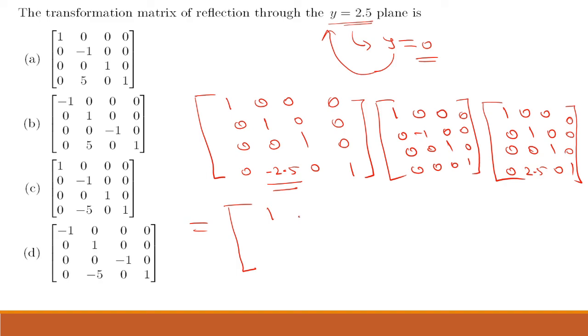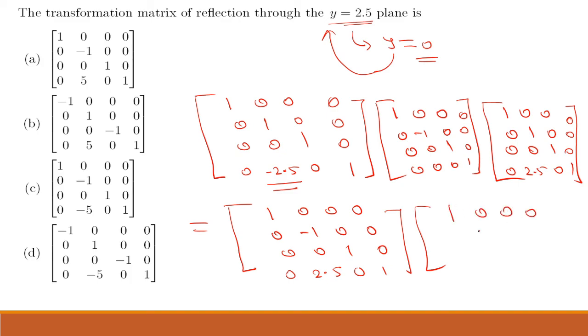So we will multiply this. 1 0 0 0 minus 1 0 0 0 0 1 0. Now the next 0 2.5 0 1, into our third matrix 1 0 0 0 0 1 0 0 0 0 1 0 0 2.5 0 1. Now let us do this multiplication.